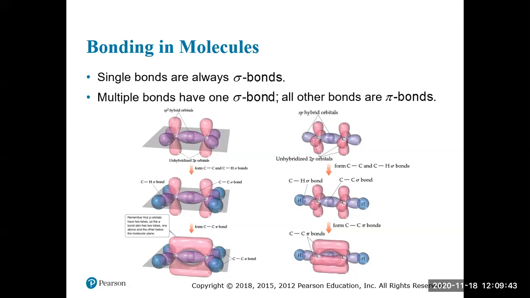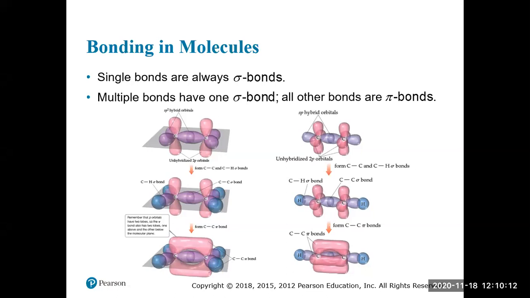In the next one down, we see that carbon-hydrogen sigma bond. So there we've got the carbon-carbon sigma bond and the carbon-hydrogen sigma bond coming out of those hybridized orbitals. But then we have the unhybridized 2p orbitals come into play for the two carbon atoms, and we can see two of those pi bond situations.